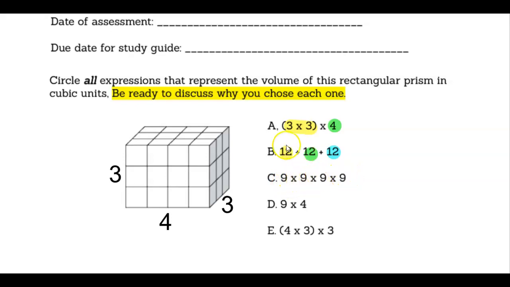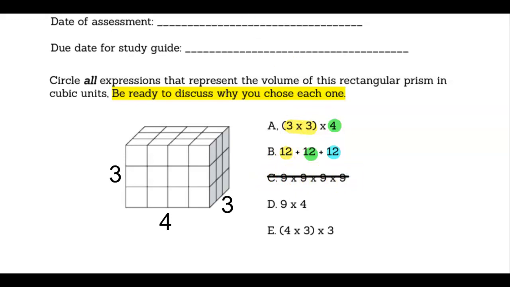Somebody in class said, well, I know that the other ones are 36. They were doing this in their head. They're like, 12 plus 12 plus 12, so that's 36. 3 times 3 is 9, times 4 is 36. So then you look at it and you say, well, 9 times 9 is already 81. That can't possibly be one of our choices. So, if it helps you out, cross it out.